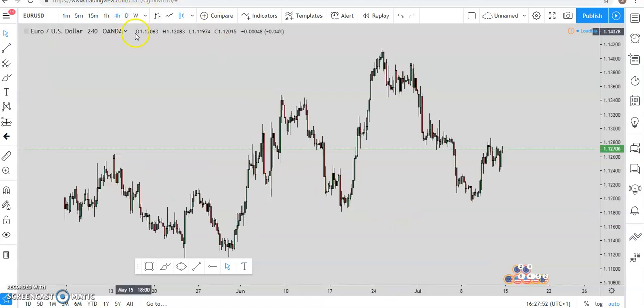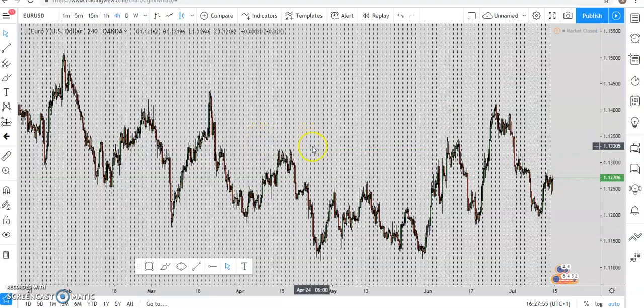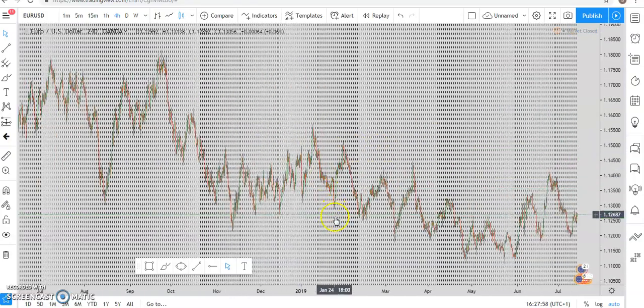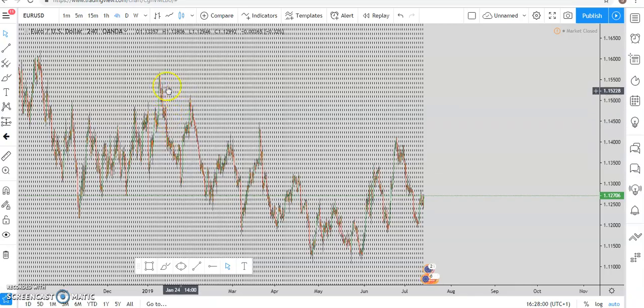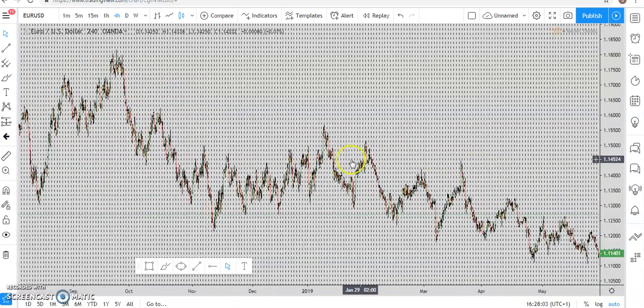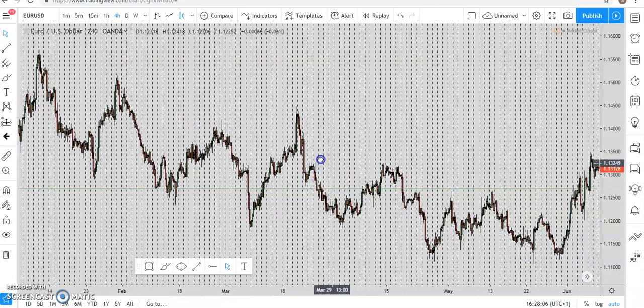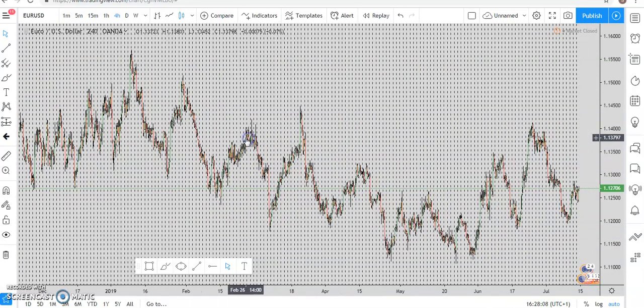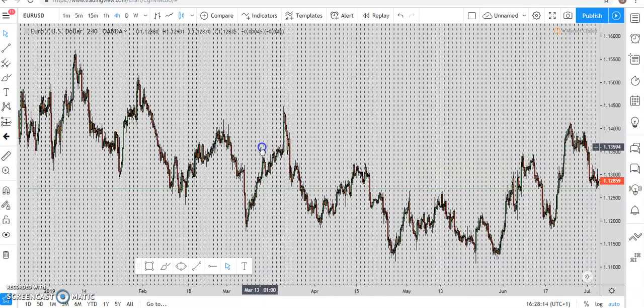So now with the 4-hour chart too, let's see this. I'll use this first trend line here, this and this, all right, to project.